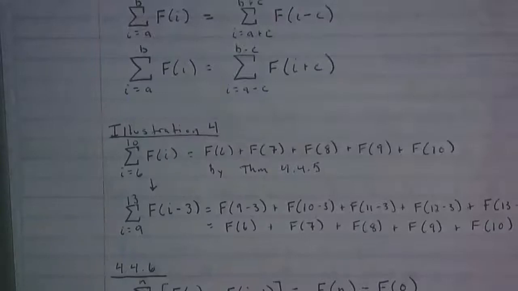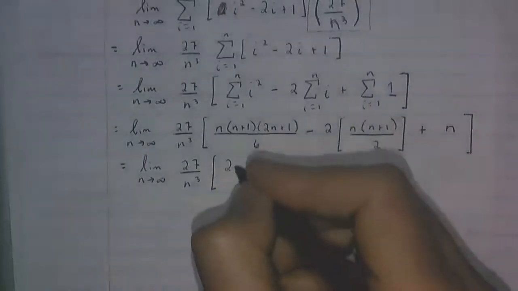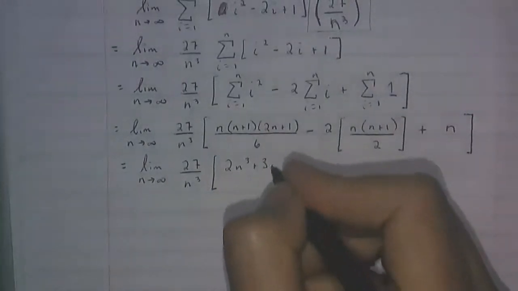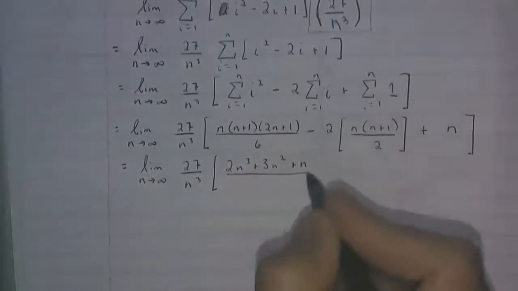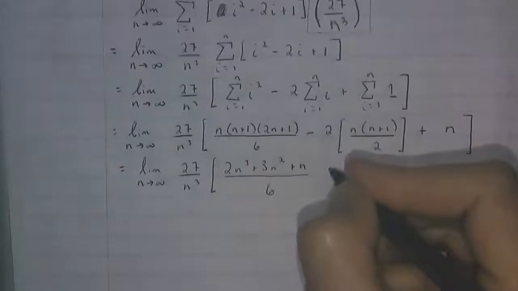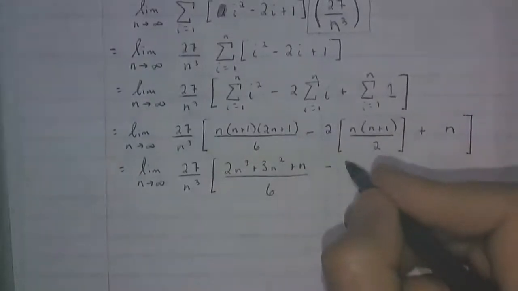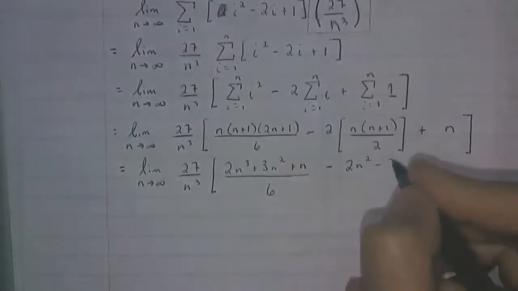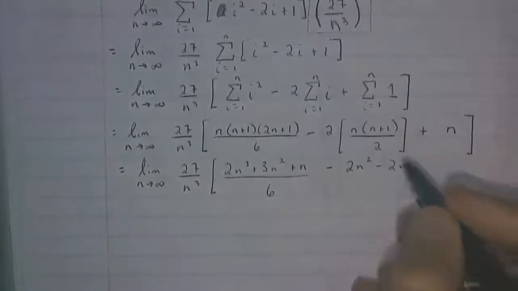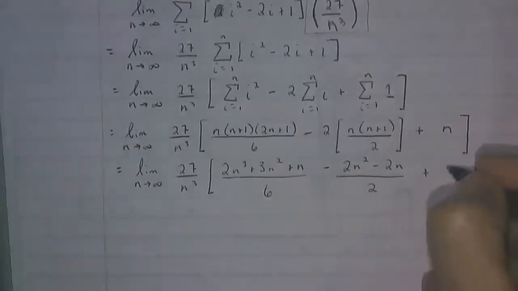Let's see what that is: 2n cubed plus 3n squared plus n over 6, minus 2n squared minus 2n over 2, plus n.